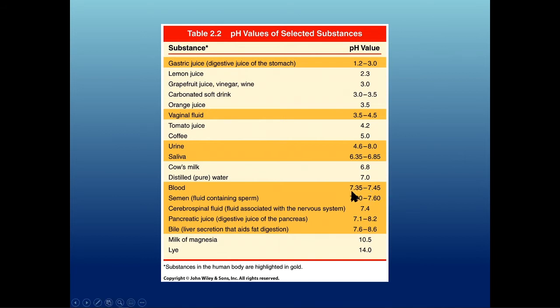The other ones should make sense to you, and that would be your digestive juices in your stomach. You don't really need to understand the value, but what I want you to see is that it's a really strong acid. It's in the 1.2 to 3.0 range. Remember, 0 was the strongest acid I could get, so it's a very strong acid within there.